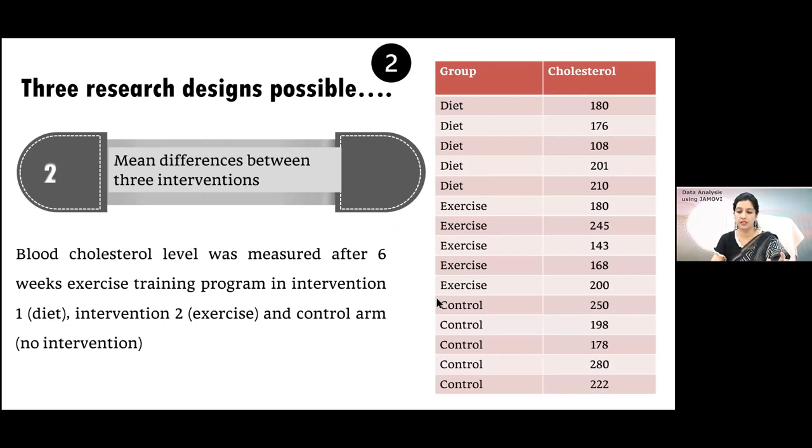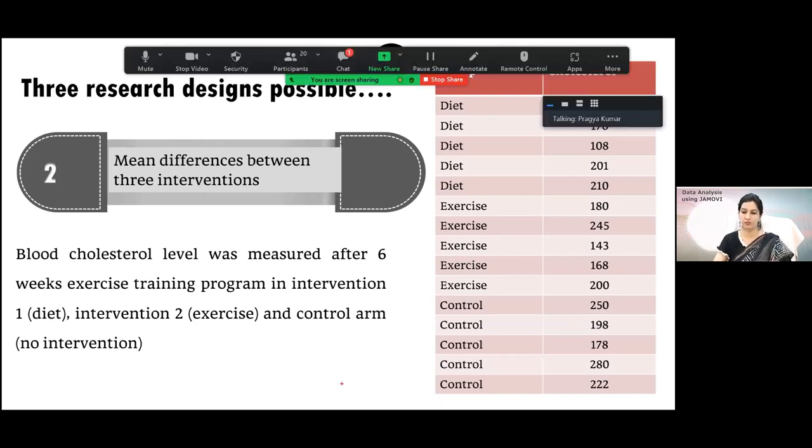This is the control arm, this is the exercise group, and maybe this is the diet group. So there are 3 groups, and this is the value of blood cholesterol which I measured after 6 weeks of all these 3 interventions: exercise, without any intervention, and diet.